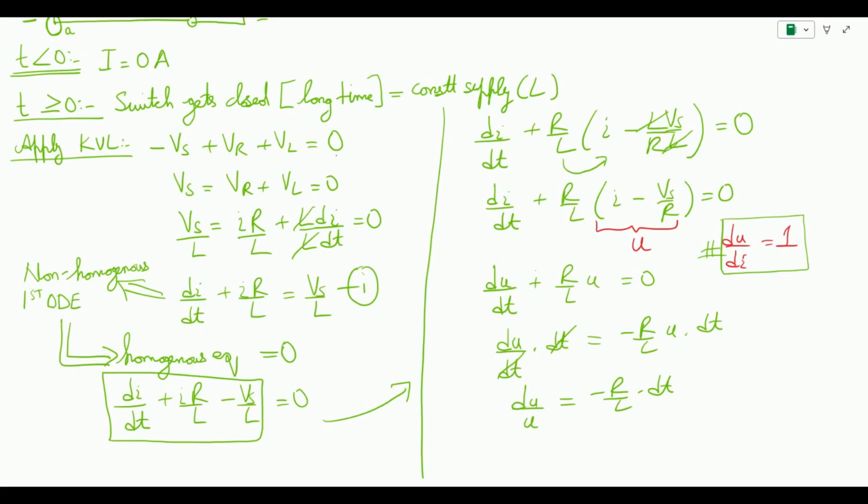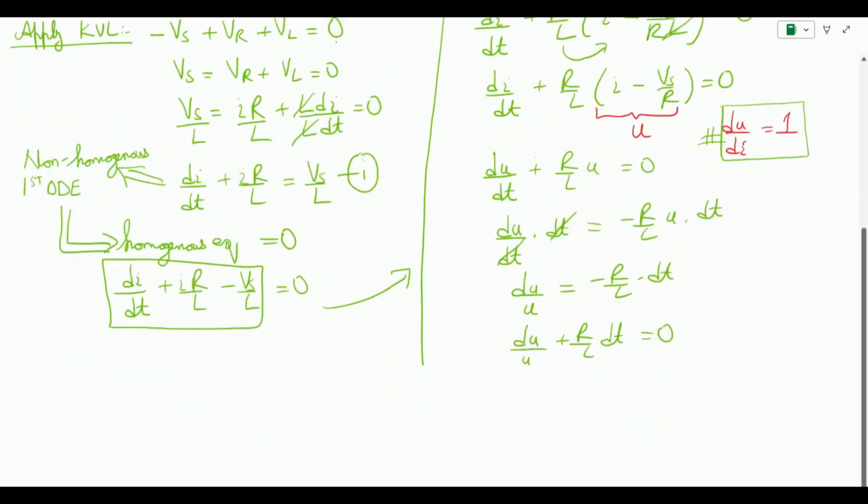And now we see that our equation resembles the same expression which we saw during the derivation in the natural response behavior. So my equation in its true form is now converted into a homogeneous equation if I write it like this.